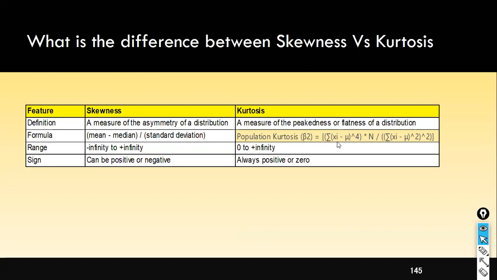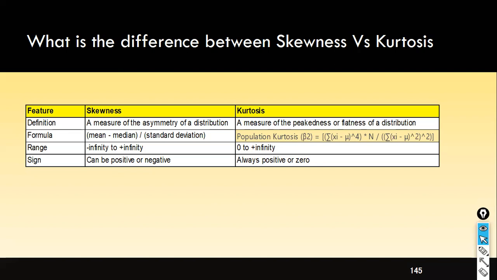Subtract the mean from each and every value, and then raise it to the power 4, into n divided by, this is the formula you need to use. If the kurtosis value is more, then you have higher extreme values.